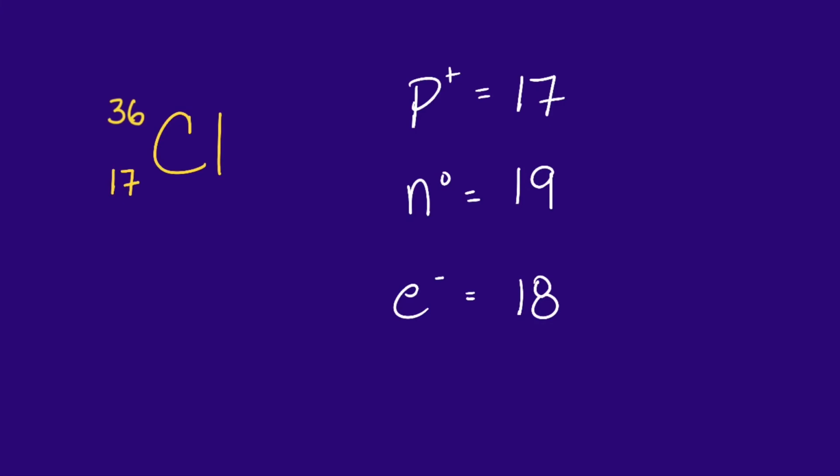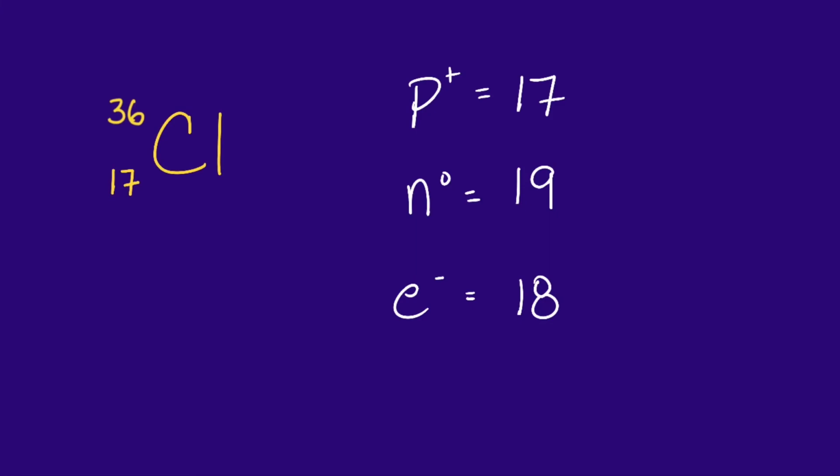And then lastly, we're going to look at the charge for the top right of our isotope notation. In this case, we can see that protons and electrons are not equal, which means that this is a charged atom. We can see that we have more electrons, 18, than protons, 17. So that means that this is going to be a negative charge.